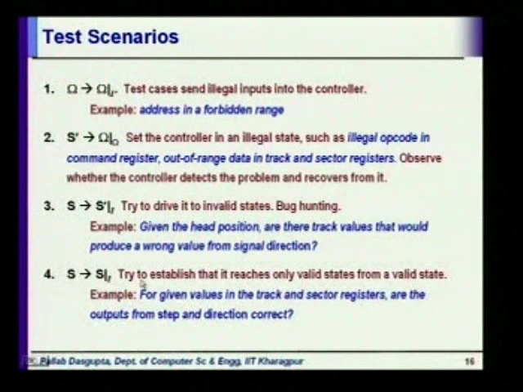And then let us look at the fourth category, where we try to establish that it reaches only valid states from a valid state. So, for example, for given values in the track and sector registers, are the outputs from the step and direction correct. Now, there is a very thin margin between category 3 and category 4. Here we are trying to look for bugs, and here we are trying to look for the coverage of all different kinds of scenarios.